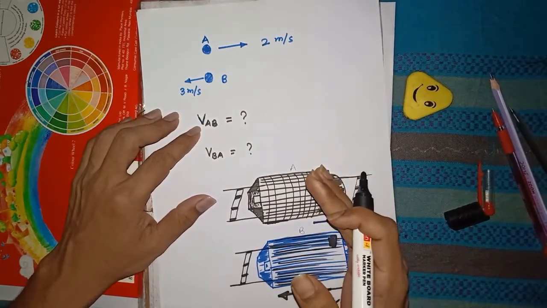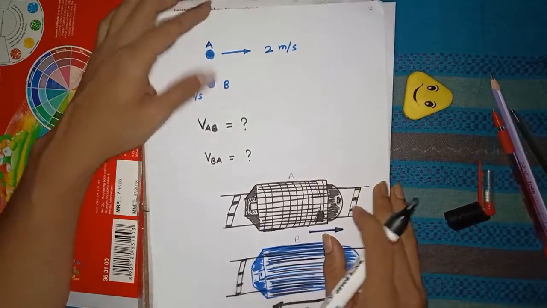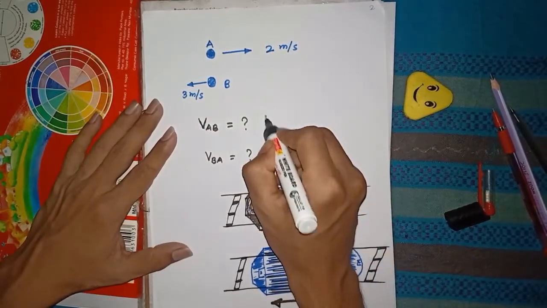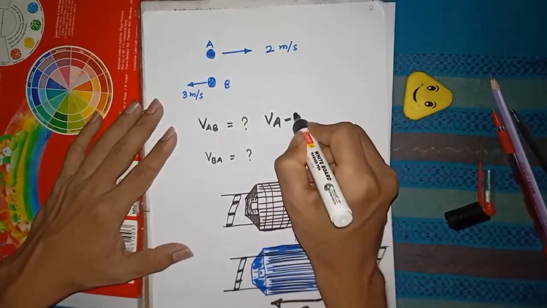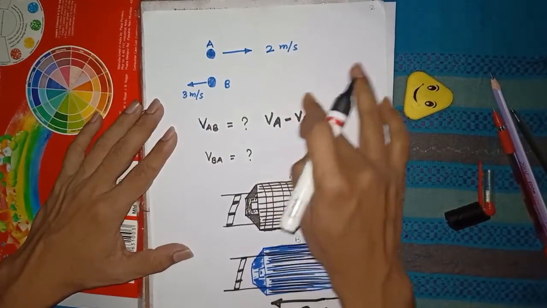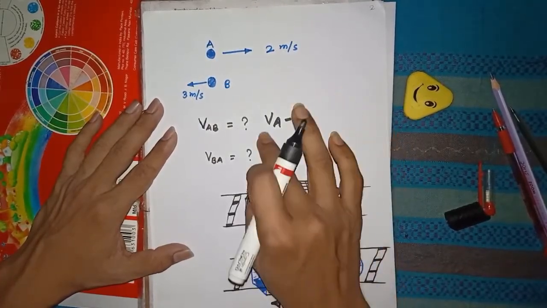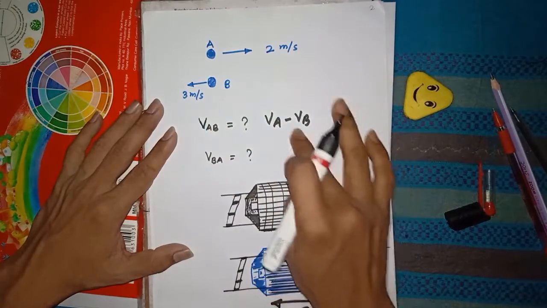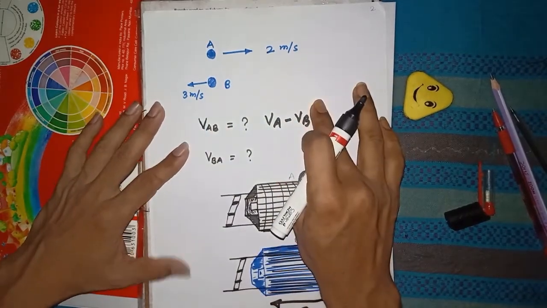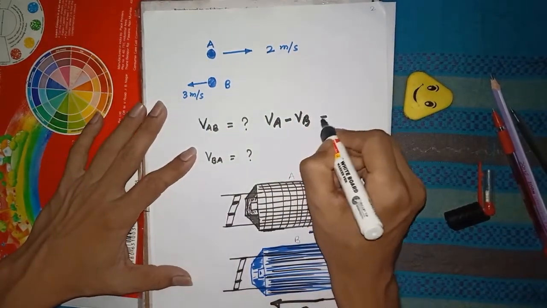How can you find it? It is easy: the velocity of A with respect to B is the velocity of A minus the velocity of B, because we treat B as 0. Have you got my point?